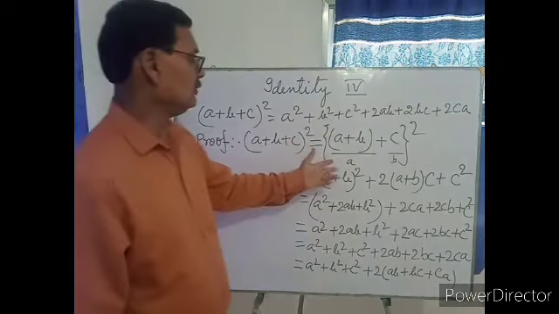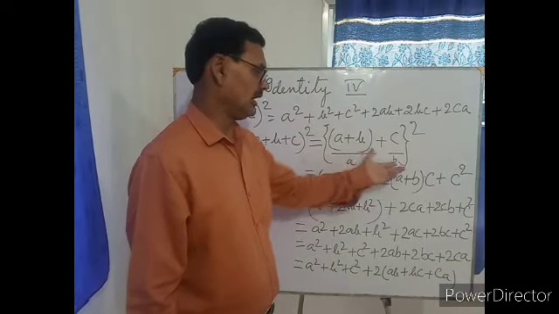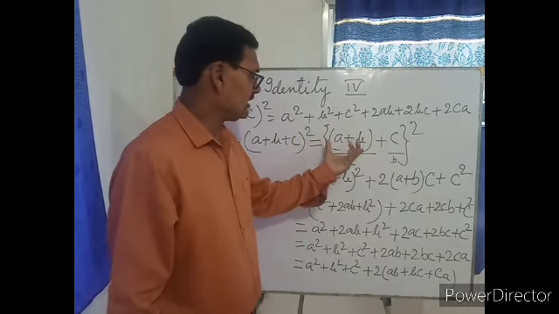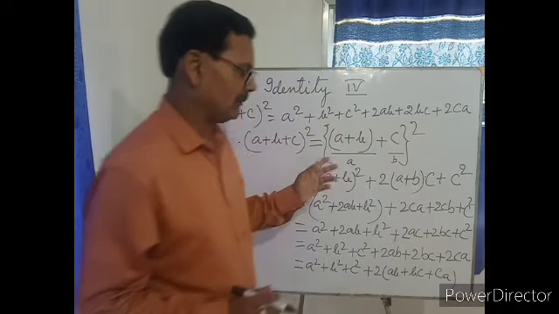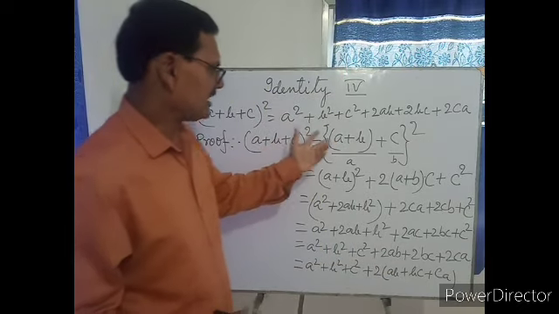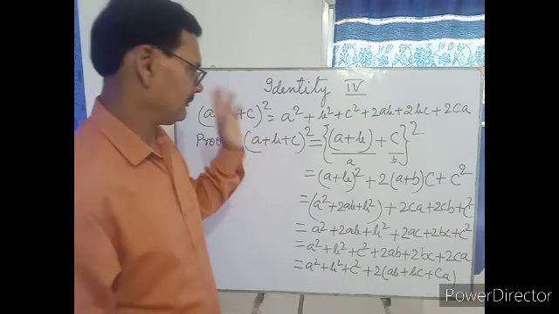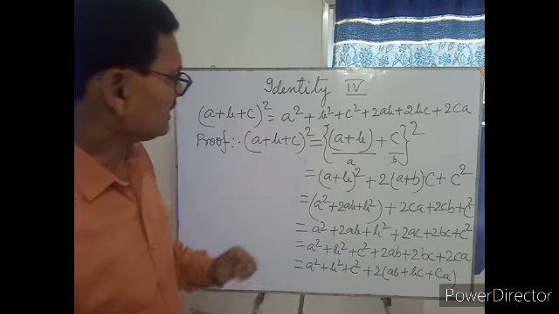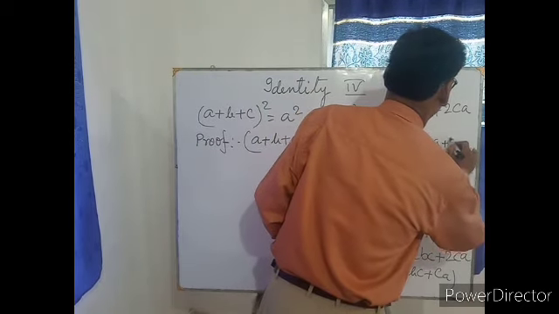Here a is equal to a plus b. You may consider it to be x also, or y also, that doesn't matter. But here we are going to consider the whole term a plus b as one term, that is equal to a. Or you may take it to be x or y also, no problem. Now let us see if it is of the pattern (a plus b) whole square.